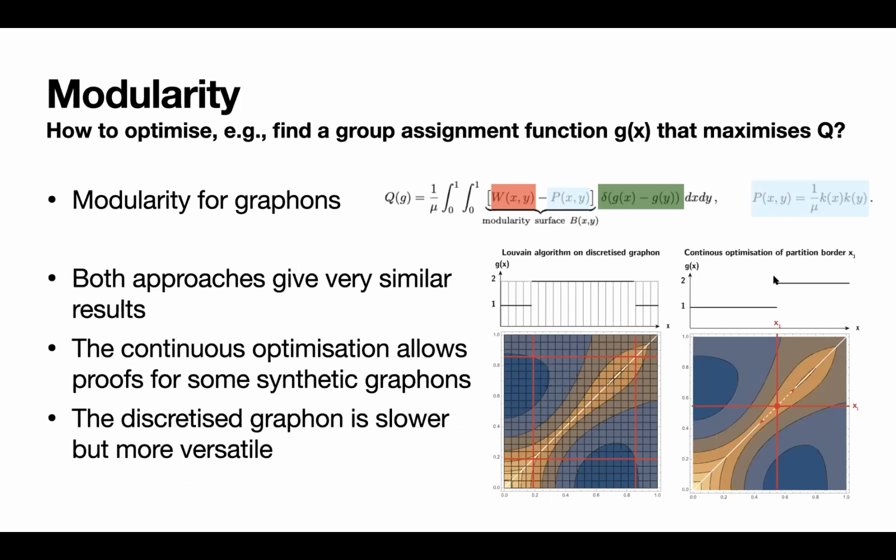So basically the continuous optimization allows, for synthetic graphons, finding the optimal community structure, and the discrete graphon is to some extent slower and less nice, but it's more versatile. For example, it can be applied to graphons estimated from empirical data, because then it's usually given in a discretized form anyway.